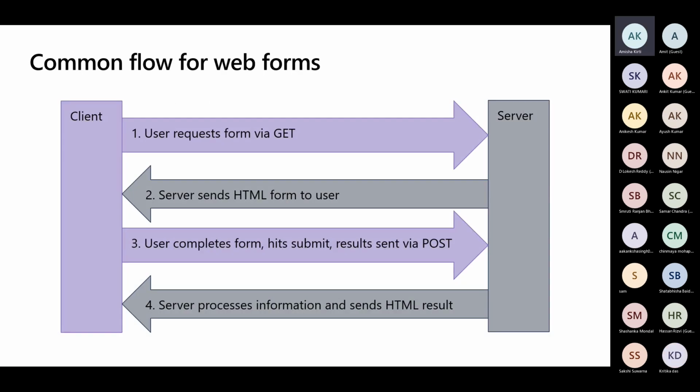We are the client, and whenever a client requests a form, like if he clicks on a form for registration, in the backend there is a get method that calls the server, and the server sends the HTML form to display to the user. When the user completes the form and hits the submit button, his results are sent via the post method. And the post method is added in the routing method in all web applications.